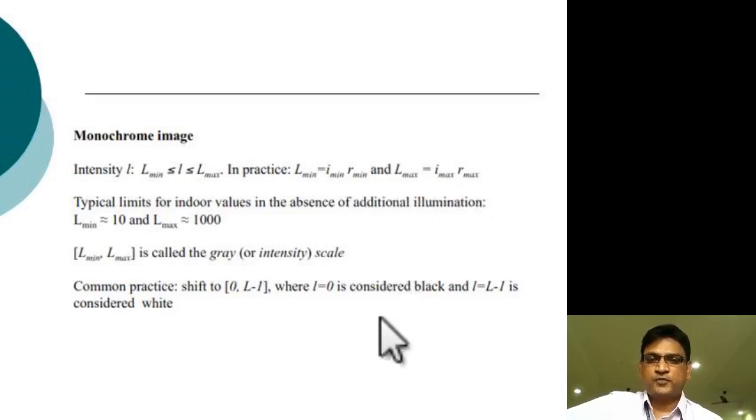In general, this L minimum to L maximum is called the grayscale, which completely describes the total number of intensity values present in that 2D image. In general, this is shifted to 0 to L minus 1, where 0 stands for black and L minus 1 stands for white, and all the intermediate values are the shades from black to white.